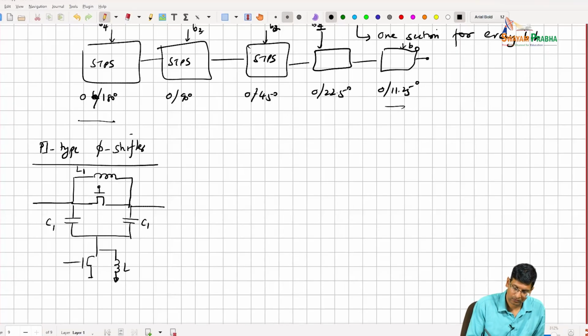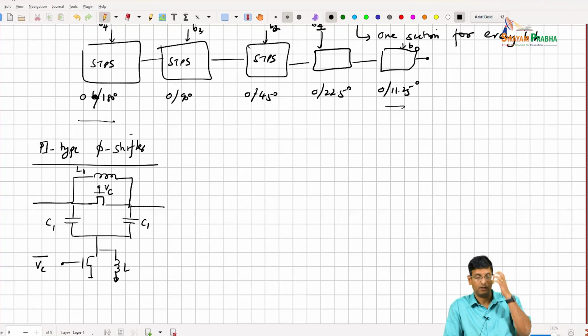We are going to call this V control, and this V control bar. And let's call this L switch here. I think that's fine.